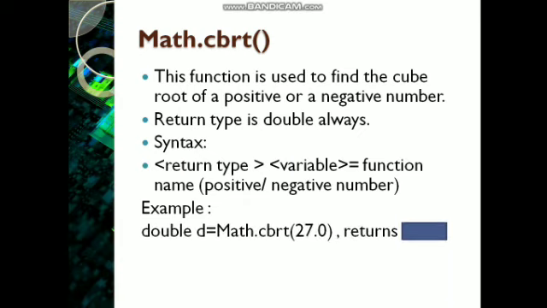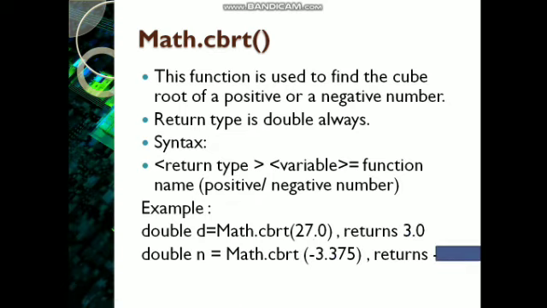Double D is equal to Math.cbrt of 27.0, and the cube root of 27.0 is 3.0. Next example, double n is equal to Math.cbrt of minus 3.375. So the cube root of minus 3.375 is minus 1.5.